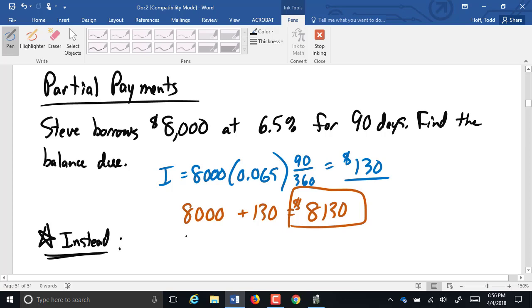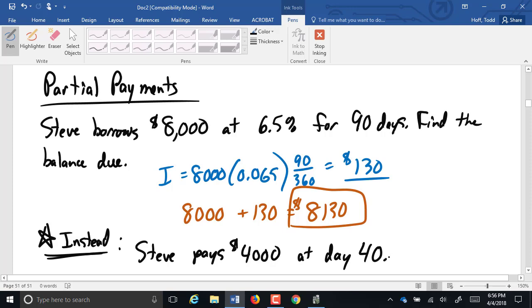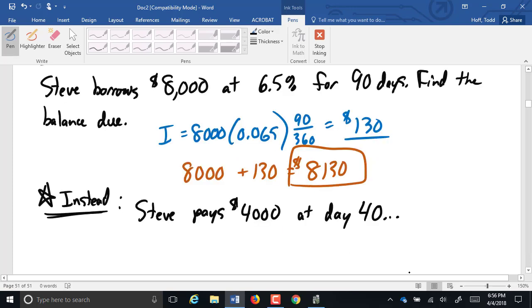Instead, though, what if Steve pays $4,000 at day 40? So what changes here? Well, on day 40, we have that payment.